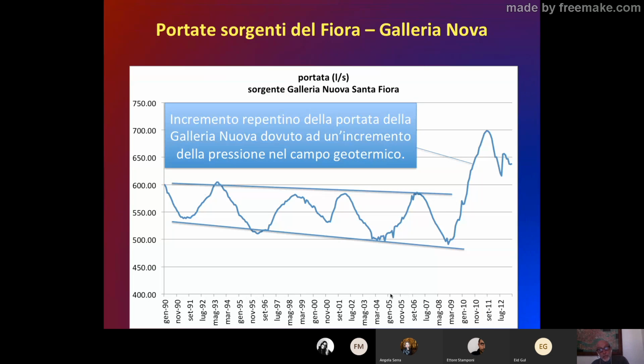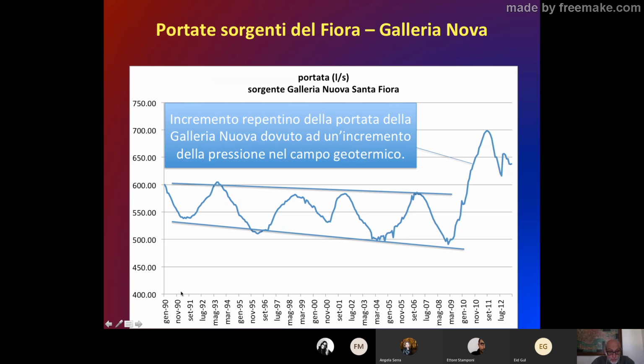Another very interesting slide I can show you. This blue line shows the oscillation of the flow rate out of a spring at Amiata. The spring is called Galleria Nuova.